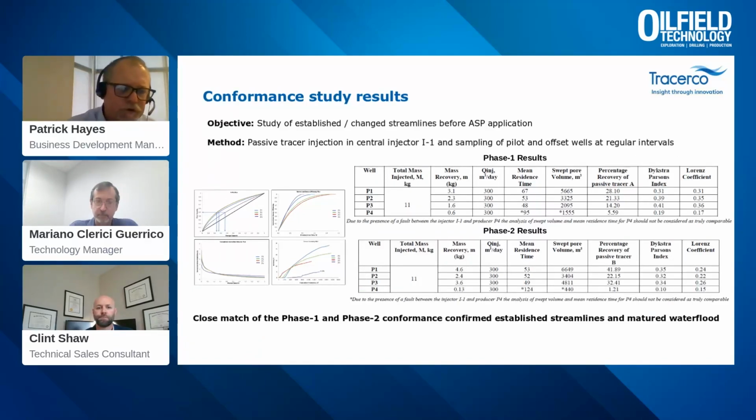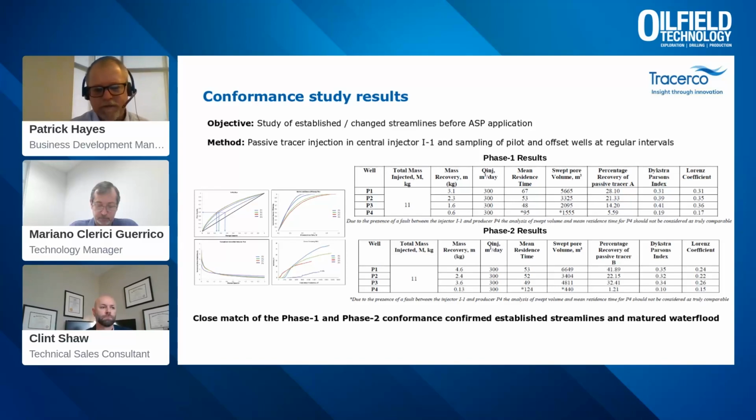So here are the first two phases of the study that show the quick change in swept pore volume and the efficiency of the flood. The top being the initial passive tracer injection, its mass that was injected, its percentages of recovery, the swept pore volumes, and Lorentz coefficients, moving from left to right.